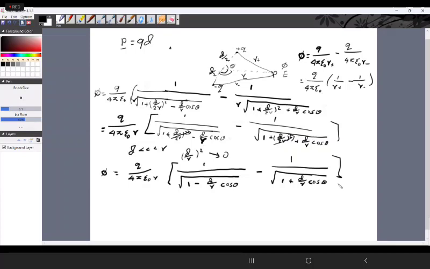Okay, so now we need to find the value of the root of 1 minus something. There's a mathematical relationship to find the value of a plus b, or in the format of root of 1 plus x, for example.